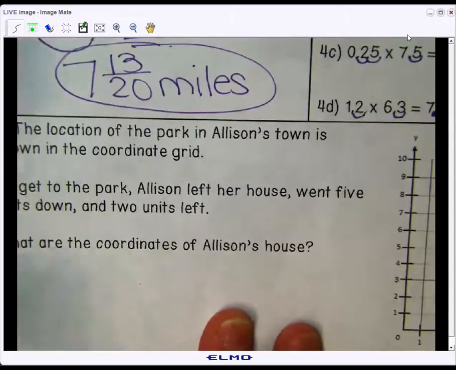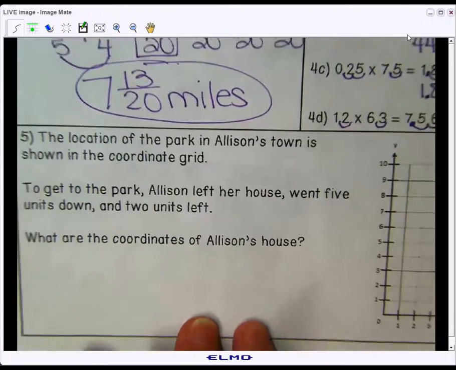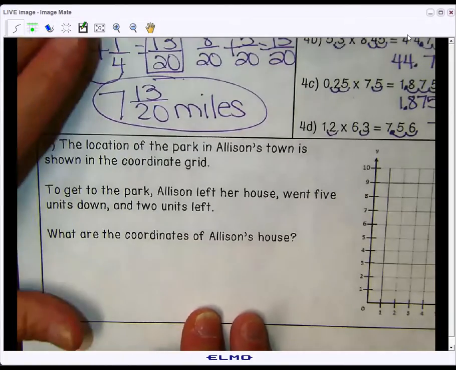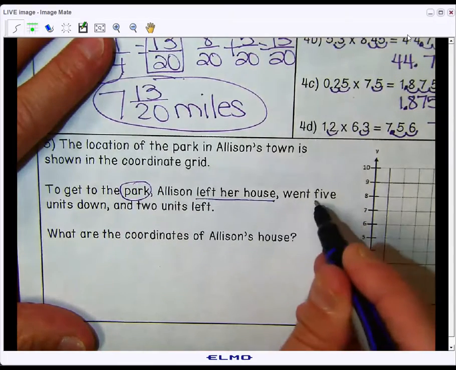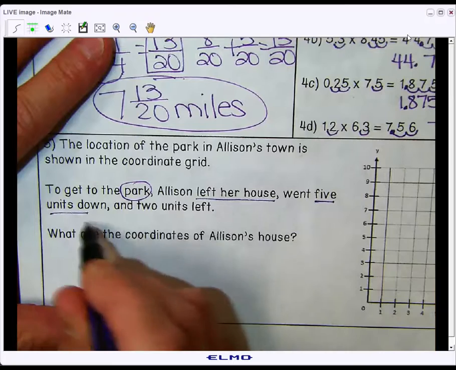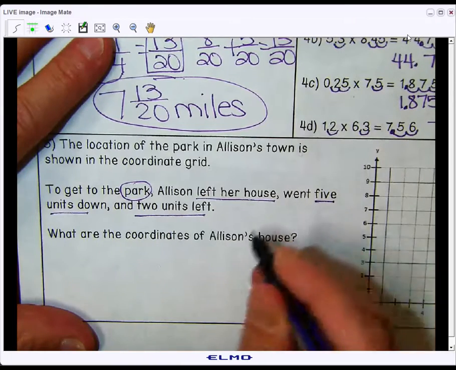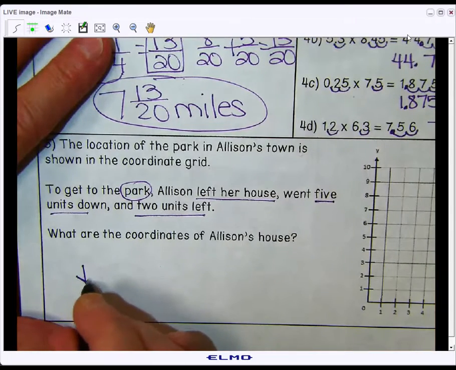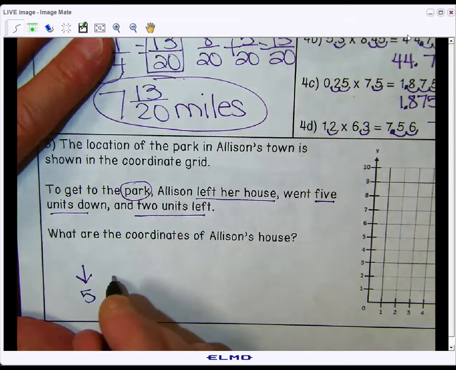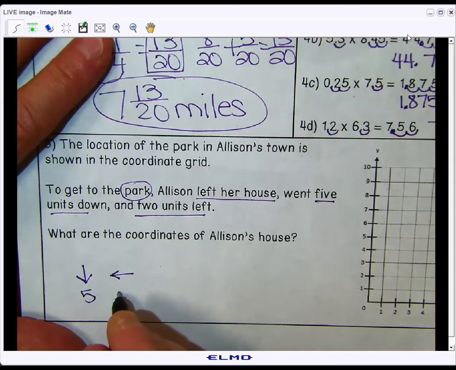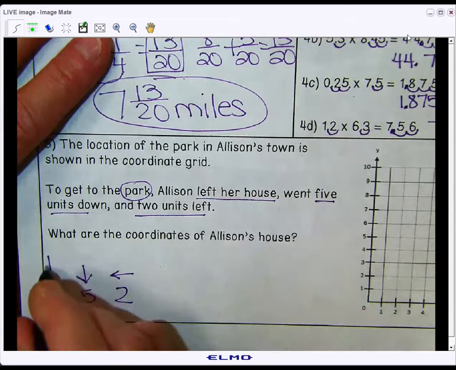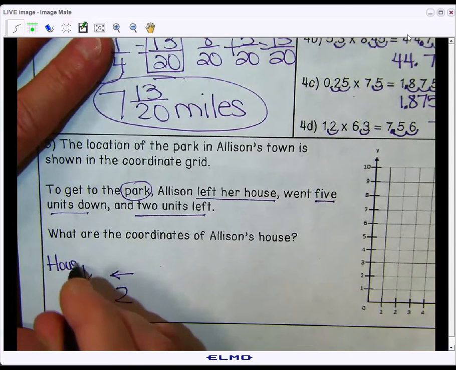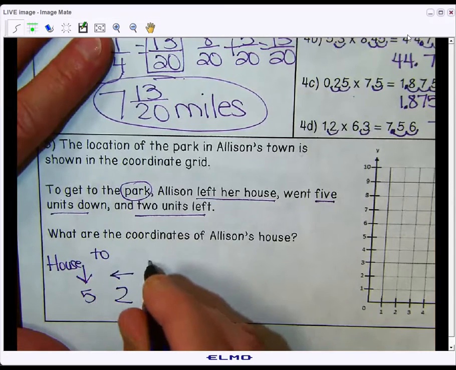The location of the park in Allison's town is shown in the coordinate grid. To get to the park, Allison left her house, went 5 units down, and 2 units left. So she went 5 units down and 2 units to the left, and she is going from her house to the park.